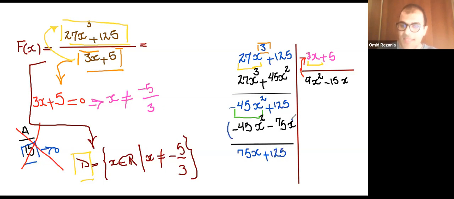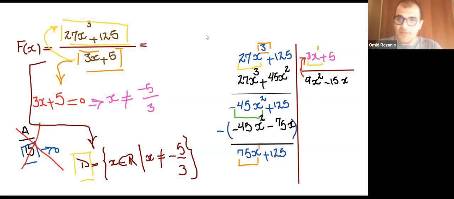Because if I close this step, I put the minus sign, these two terms vanish, and I have plus 75x, which I bring here, and I have 125 left here. Looking at the next term, 75x, I notice the power is 1 for x. It means that I can still continue with the dividing process.